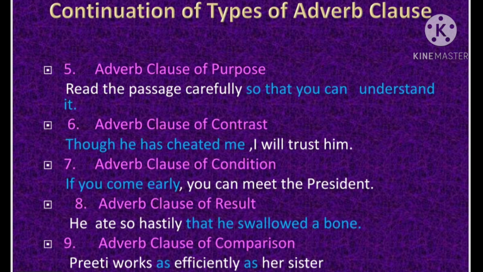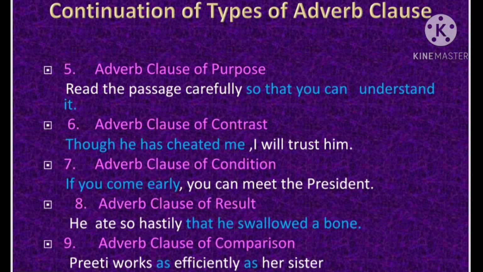Eighth type, adverb clause of result. He ate so hastily that he swallowed a bone. He ate so hastily, main clause; that he swallowed a bone, subordinate adverb clause of result. That is the subordinator. The subordinate clause modifies the adverb hastily in the main clause.